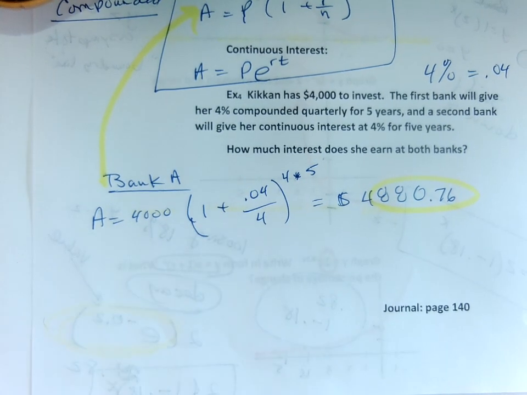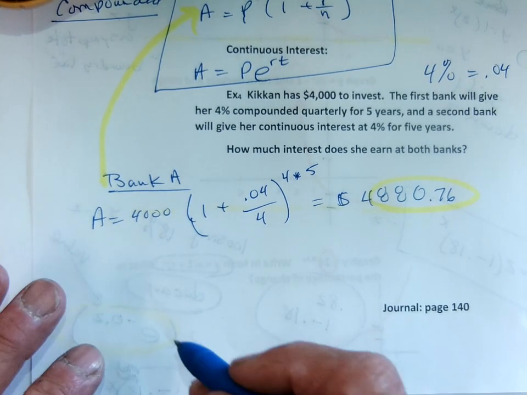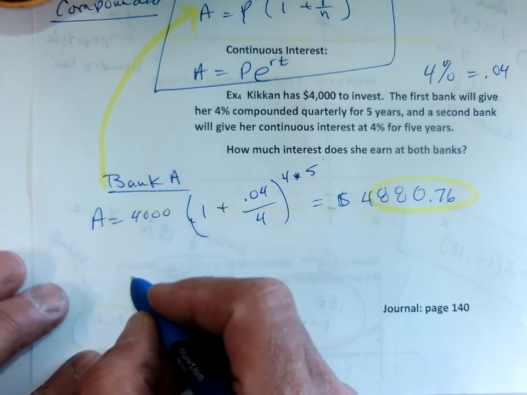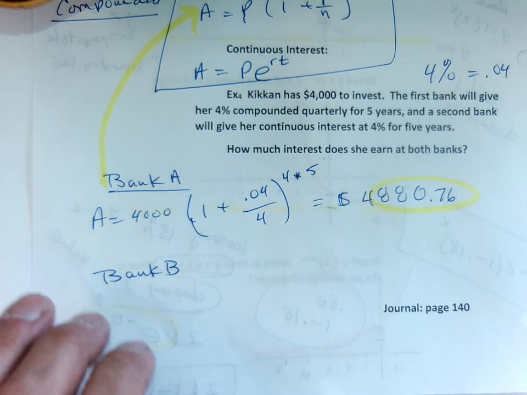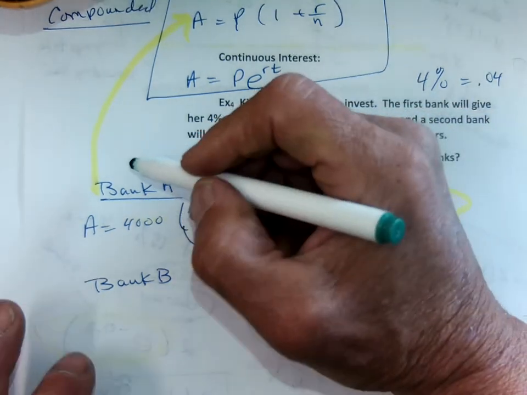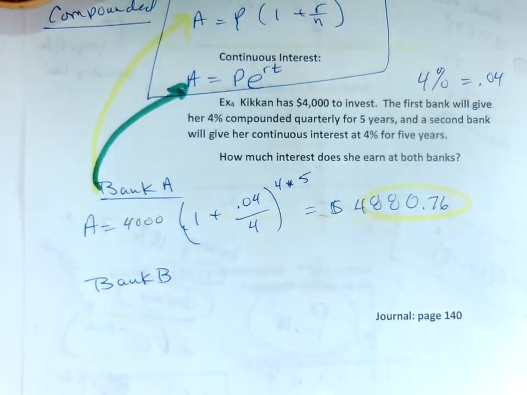Okay, now she's going to go to bank B. Am I going too fast? If we go to bank B, she's going to use, because it's continuous, that one, okay?